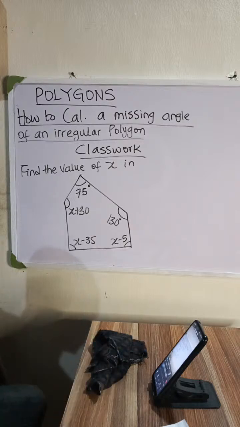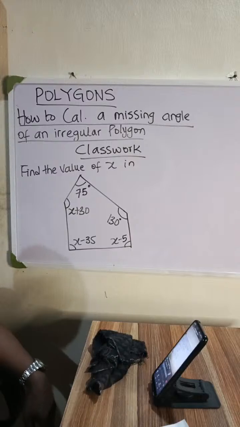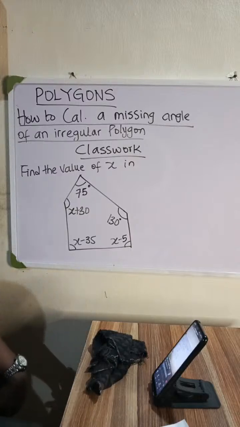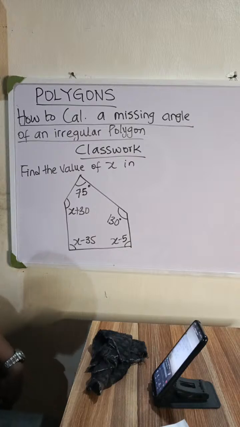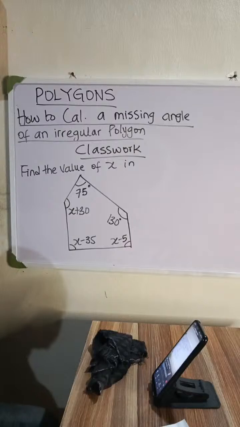My phone is almost going off, so that's one of the reasons we need to end the class. Find the value of x for 5 marks.